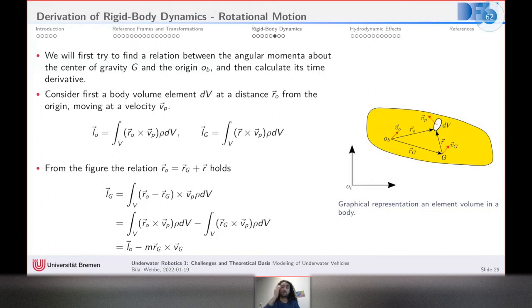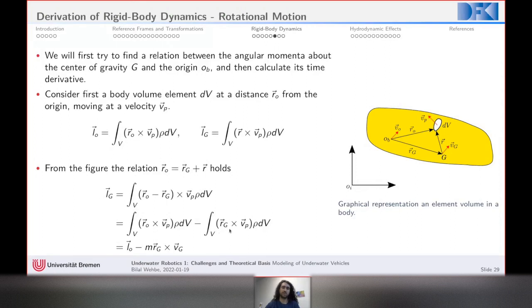All right, so from the figure, we have RO equal to RG plus this term R. If we take that term and plug it in here, we will arrive at this. So this is nothing but that term here. So this is LO.